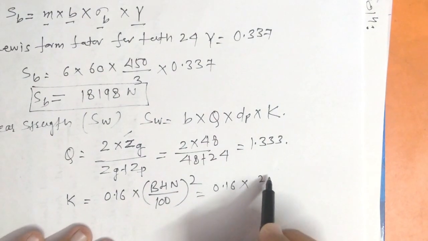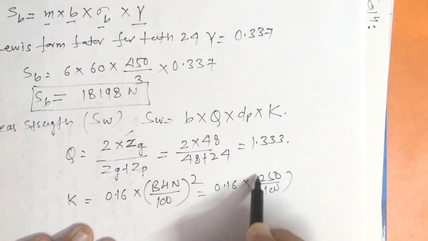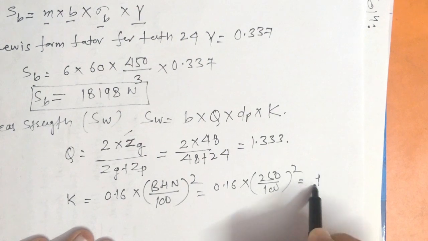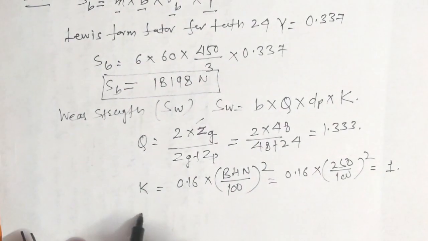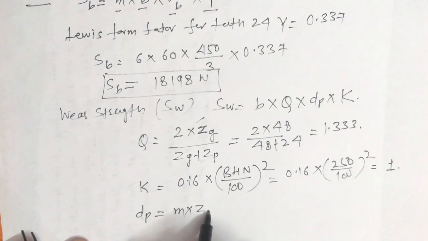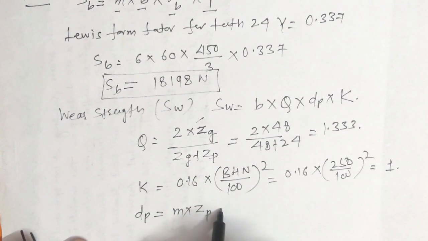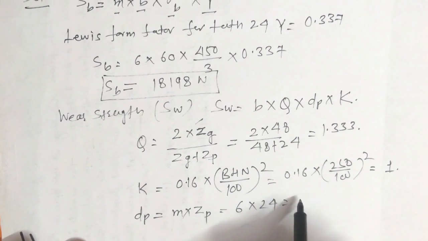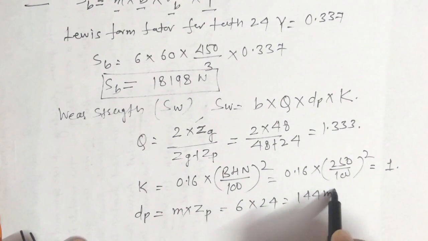So we can put this value 250 divided by 100 whole square and it will turn out as 1. And dP can be calculated as module times ZP. So module is 6 and ZP is given as 24. So this is 144 mm.